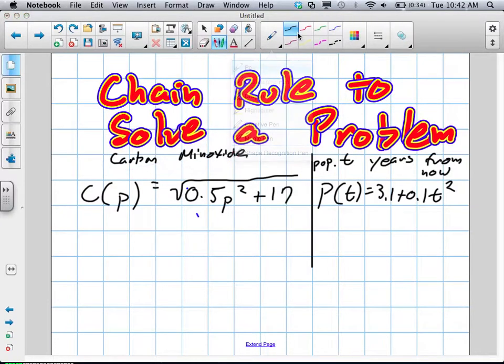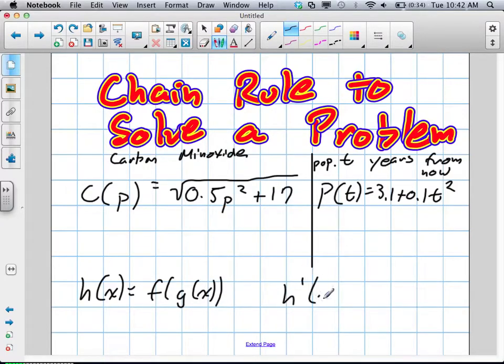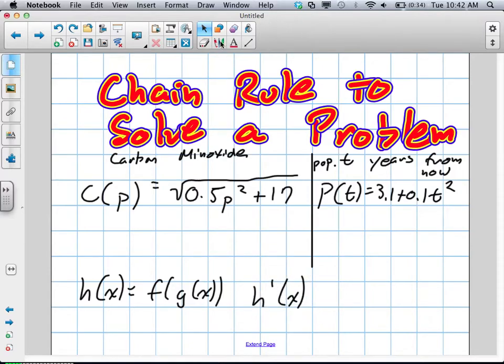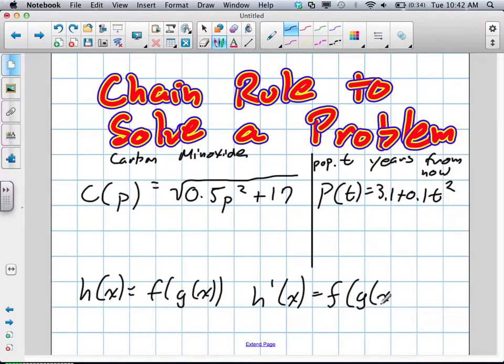If you remember our chain rule, if h of x is equal to f of g of x, then h prime of x is equal to the derivative of our outside function multiplied by the derivative of our inside function.